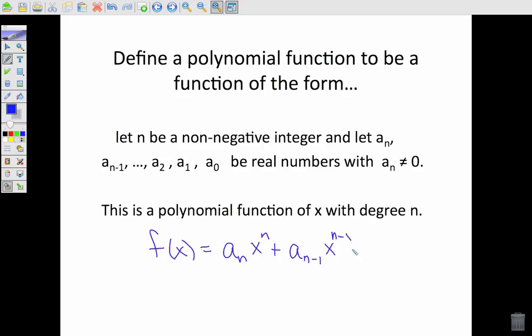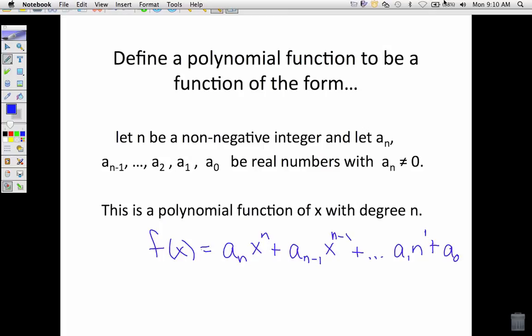And this just shows that your powers keep decreasing until we get down to a sub 1 x to the first, and then a sub 0, and then it'd be x to the 0 power. All right, that's your polynomial function.